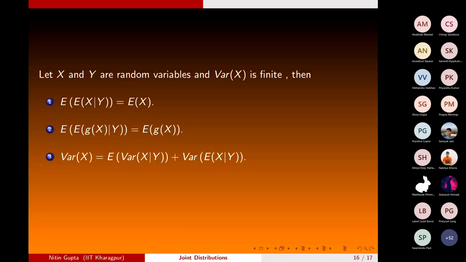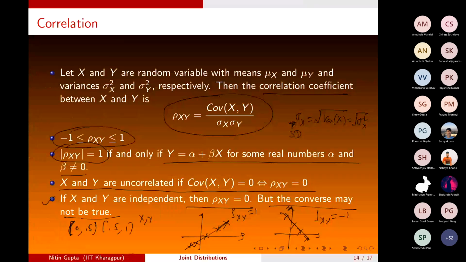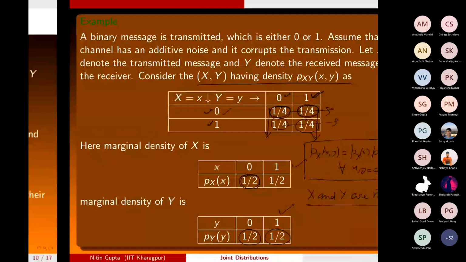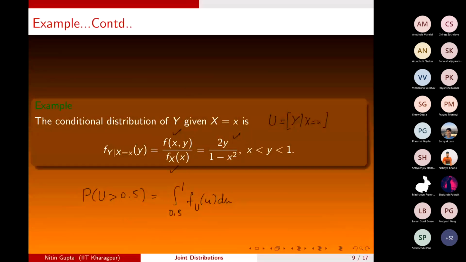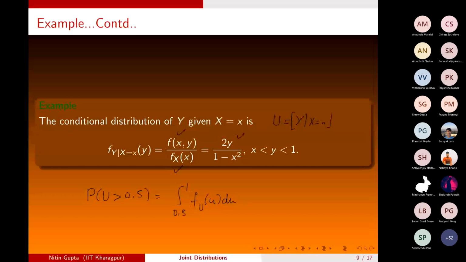Okay, so last time we started with the joint distribution. Now we know the conditional distribution also, which we have defined. So we can find the conditional distribution of y given x is equal to small x.